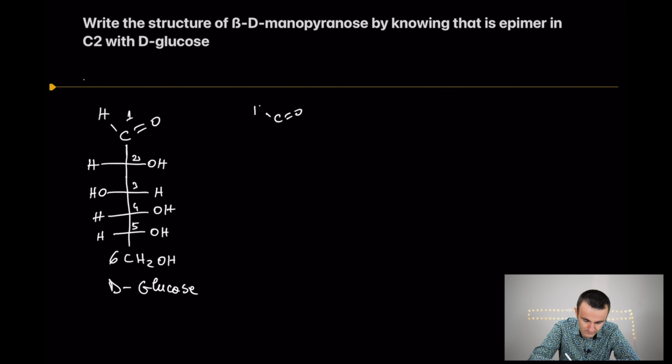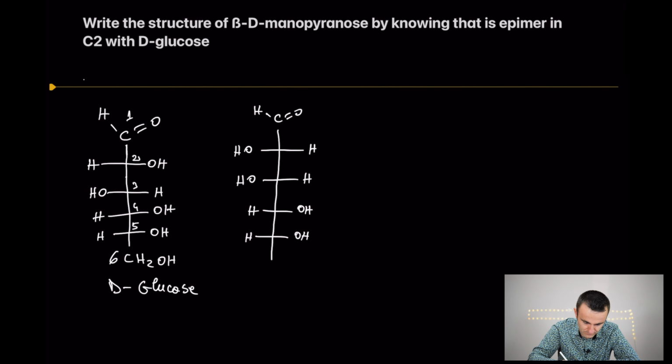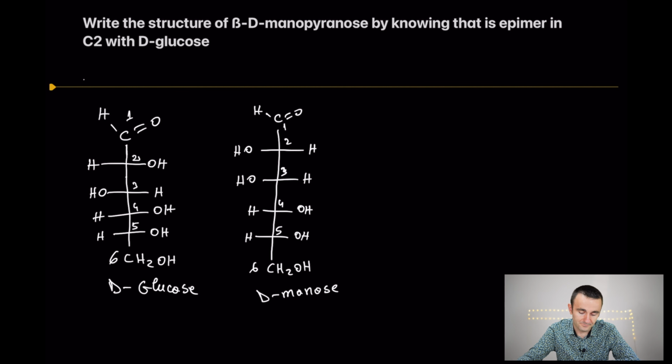One, two, right? Now, the exercise wants us to write the beta structure. In order to be beta, the connection here is going to form an OH that is going to be trans with this OH that is at the lowest possible chiral center.